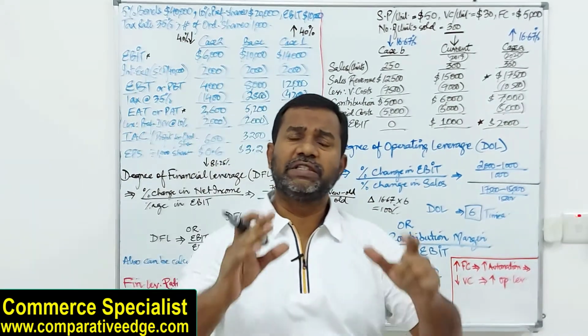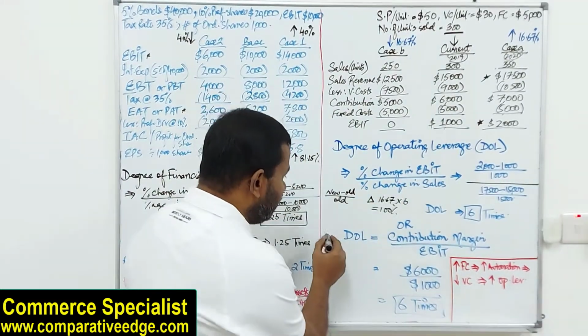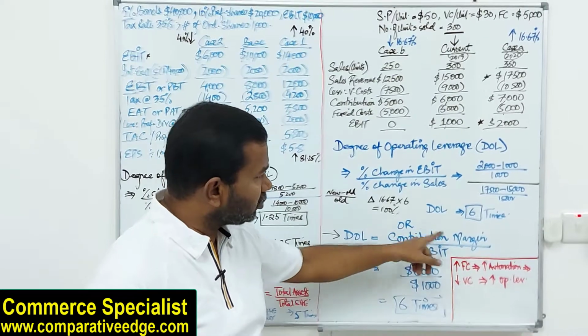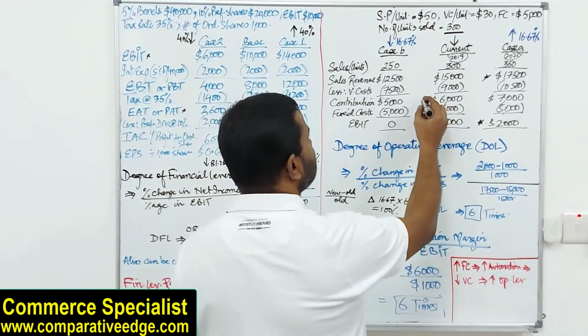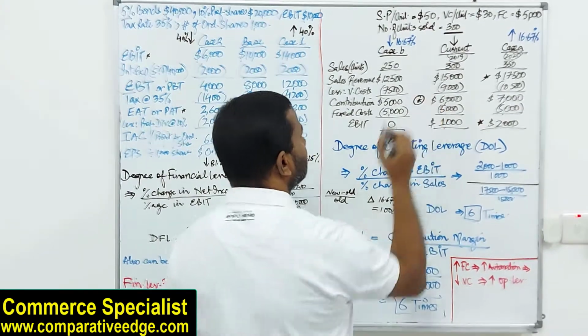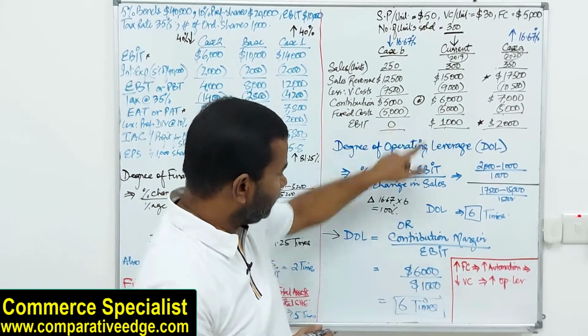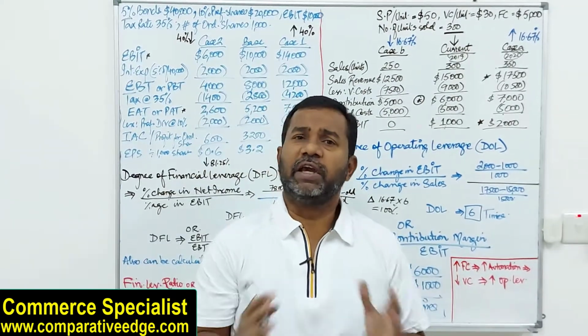But if you have a single year, only 2019, then you should be using this formula. Degree of operating leverage is equal to contribution margin upon EBIT. If you look at contribution margin, which is here, 6,000 divided by EBIT of 1,000 is 6 times. The answer will be the same.